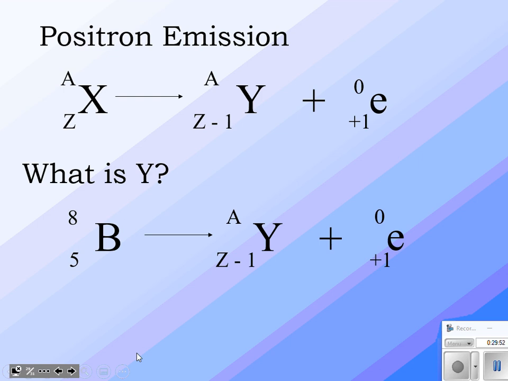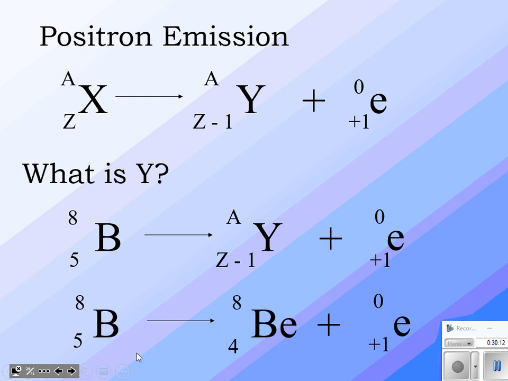We are decreasing by 1, right? So what is 5 minus 1? 4, which is beryllium. So we're going to have beryllium 8, 4. And my positron.